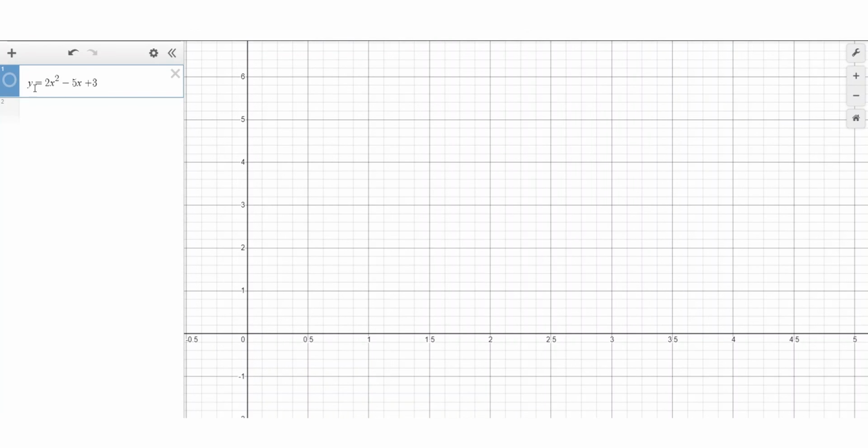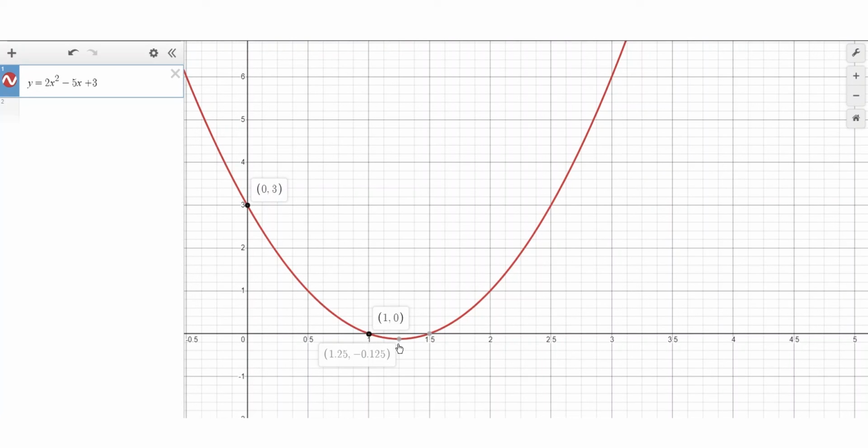And this is the equation which I have written: y is equal to 2x squared minus 5x plus 3, and if we draw this one, you can see this will be the curve, and this is 0 and 3, the y-intercept, and this is 1 and 0, and this is 1.5 and 0, the same points we got as x-intercepts.